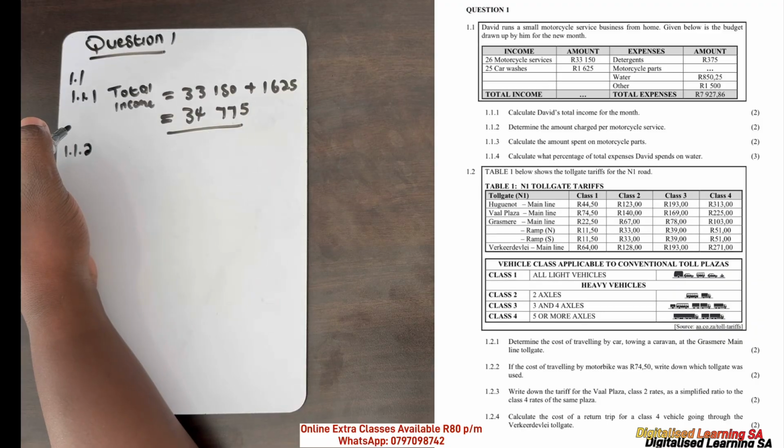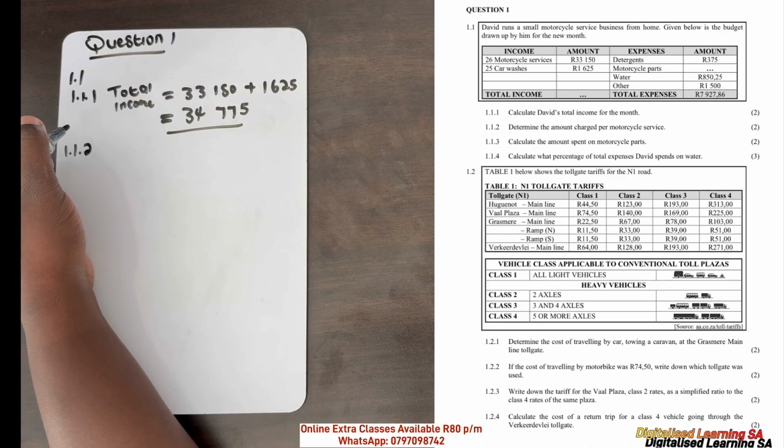Question 1.1.2 says determine the amount charged per motorcycle service. Looking at the income column again, 26 motorcycle services means he serviced 26 motorcycles, and the total amount was 33,150.